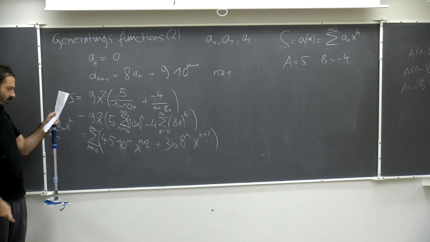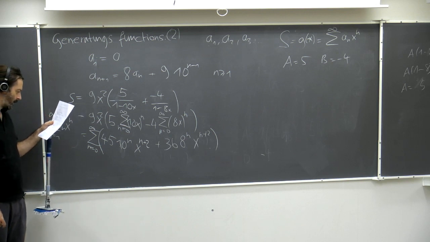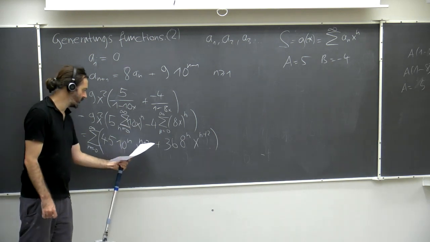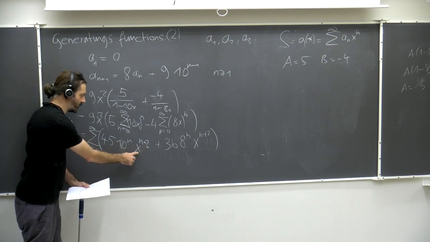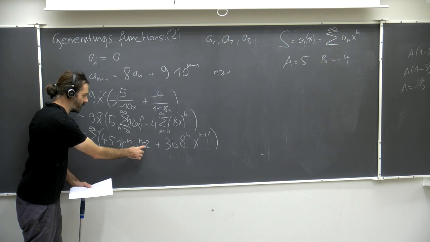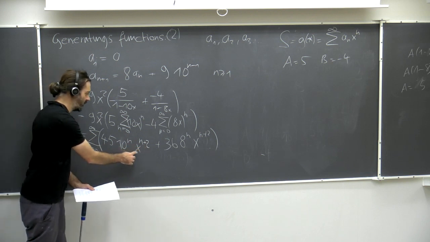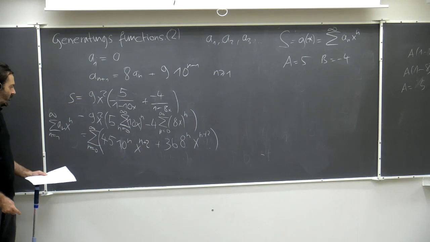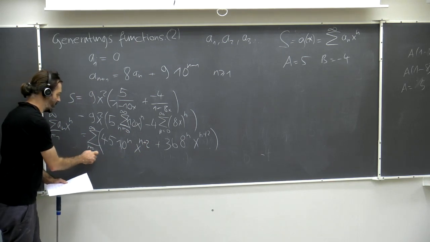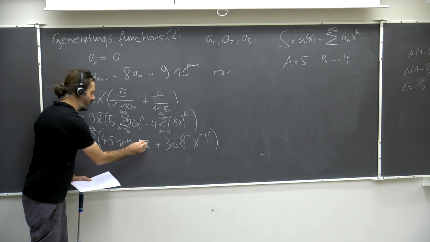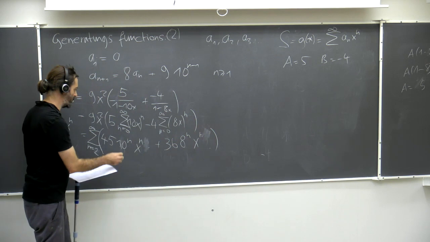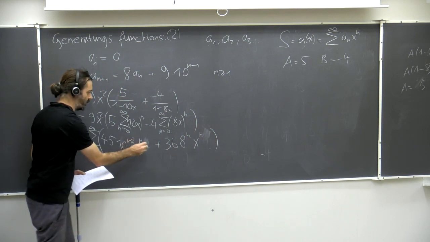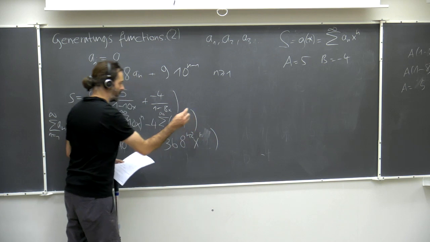Essentially, the power starts with the value 2. So if n is equal to 0, then it's x to the 2. So if I rewrite everything, then I'm starting in n is equal to 2. And then I can subtract that 2 here, and here. But I also have to subtract it here, and I have to subtract it here.